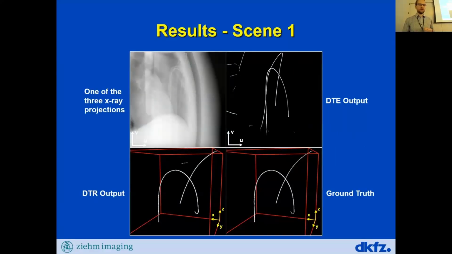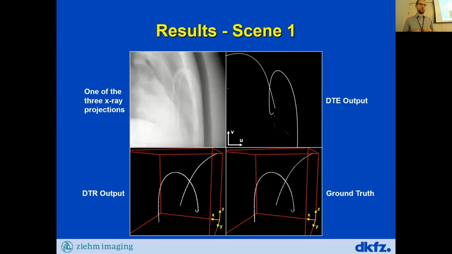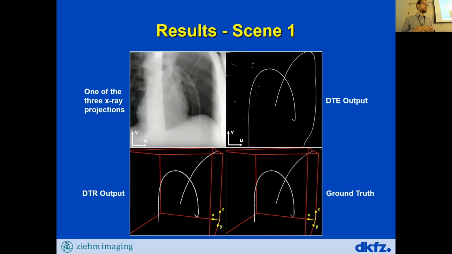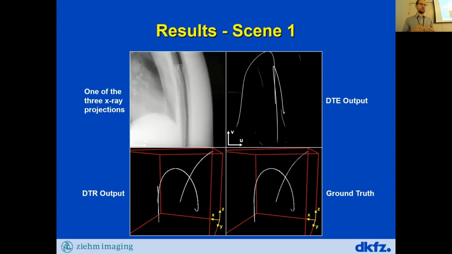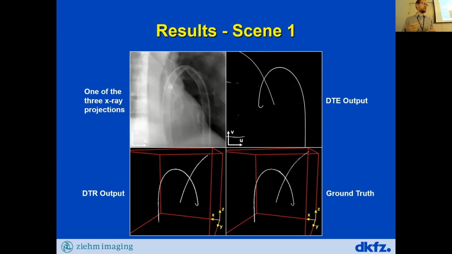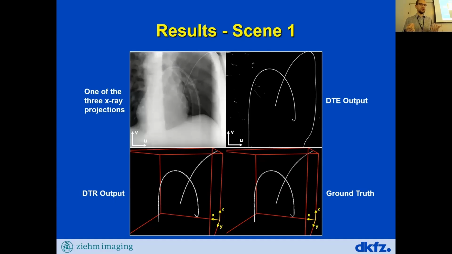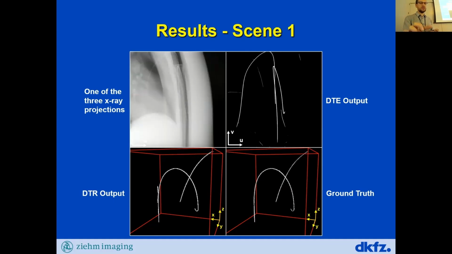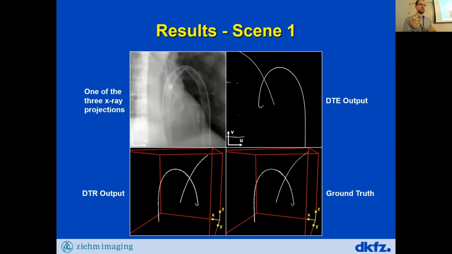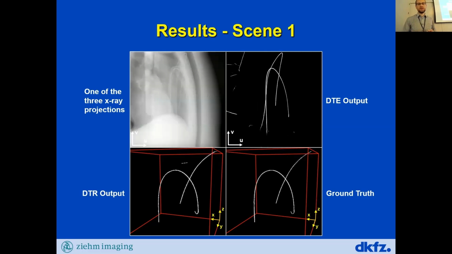So let's have a look at the results on the first scene. On the top left, you see one of the 3 X-ray projections that are used as input. The other 2 projections are omitted for visual clarity. You can also see the 19-degree rotation that I was talking about in this projection.